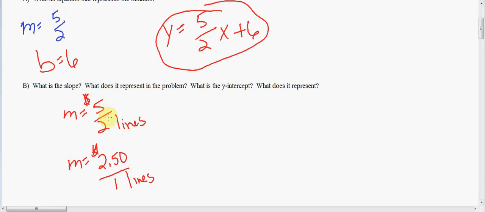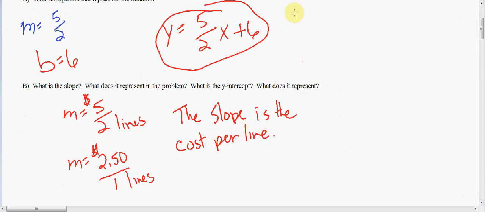Same thing as 5 over 2, it's just 2.50 over 1. They represent the same amounts though. So when I say what the slope represents, I am going to say that the slope is the cost per line.